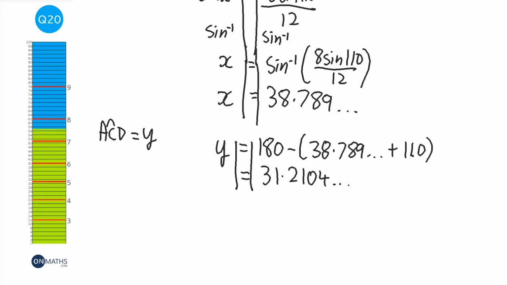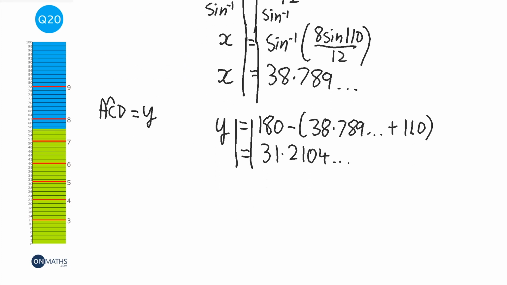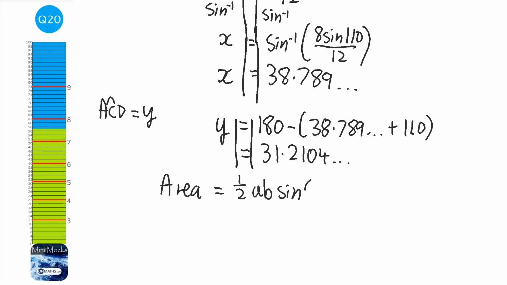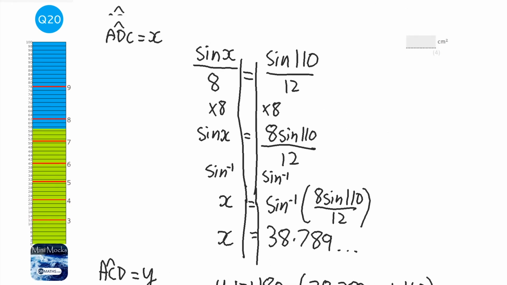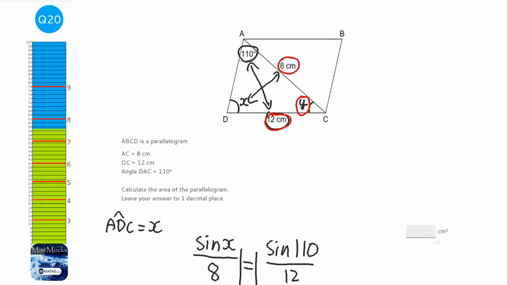And the formula is dead easy. It just says that area equals half AB sine big C. So we know the problem is actually we've got two triangles. We've got a triangle here, and then we've got an identical triangle here, and it is identical because the diagonal of a parallelogram cuts it in half exactly.